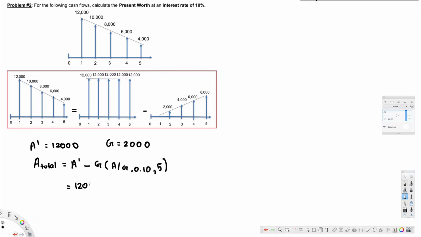A prime is 12,000 minus G, which is 2,000, times AG, which is basically the arithmetic gradient series factor. You have to look it up from a table, and if you look at this value, you will get 1.8101, and that is equivalent to 8,379.8.